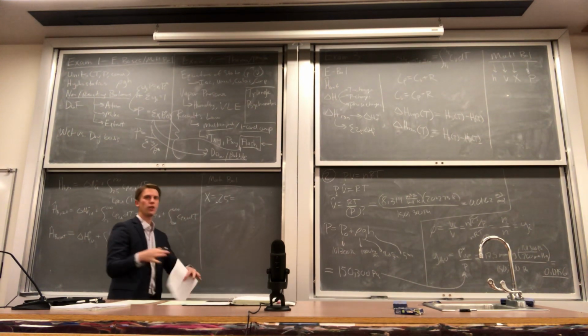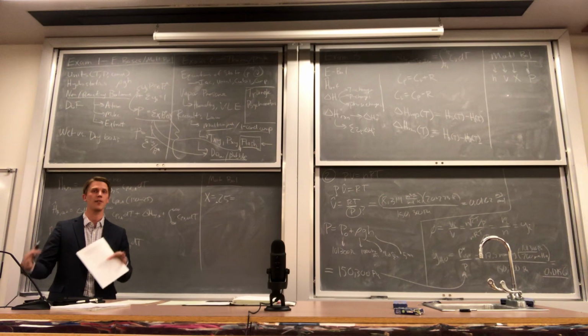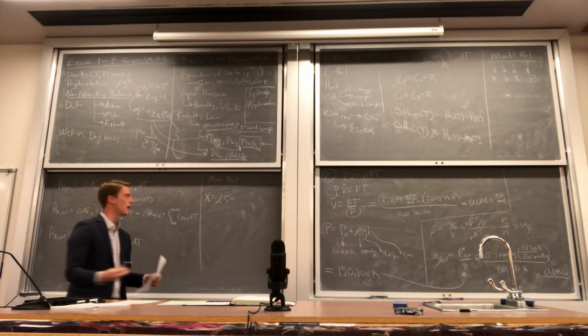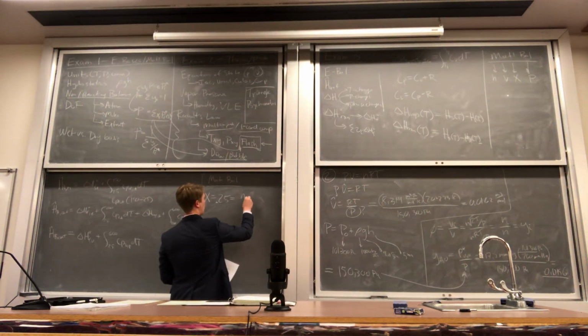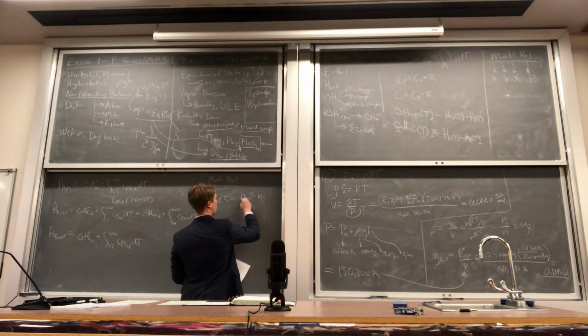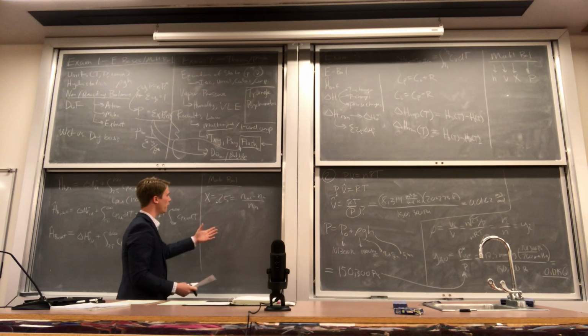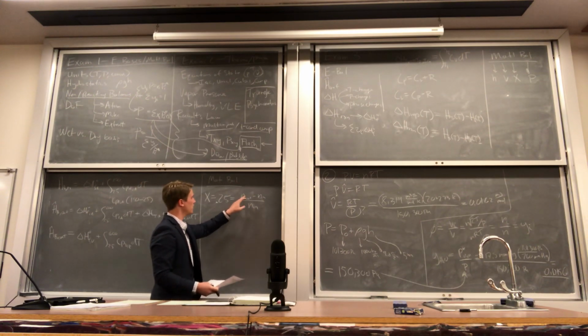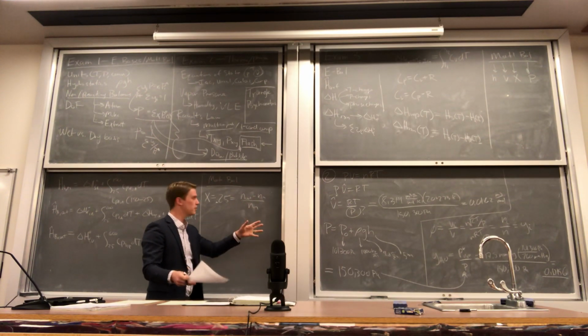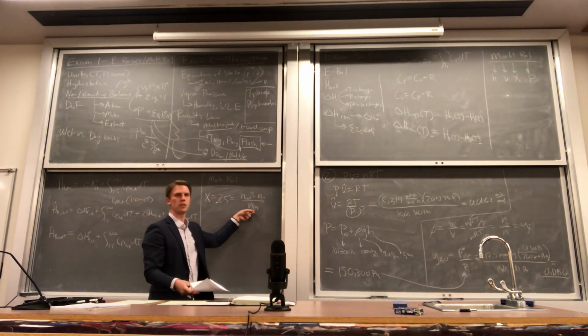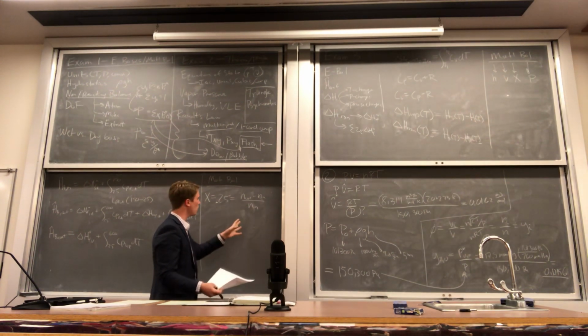Now remember, the conversion is a definition, and I can never remember the equation, so I always have to rederive it. It's n out minus n in over n in. Let me double check that I get this right. If nothing reacts, then the out is equal to the in, because nothing changes. That gives me a conversion of 0. That makes sense. If everything reacts, that means I have nothing coming out.